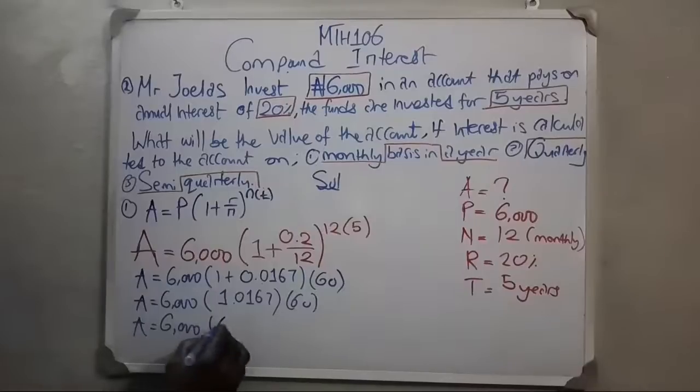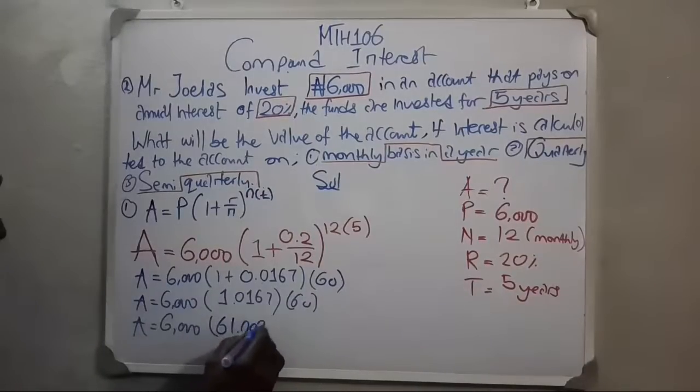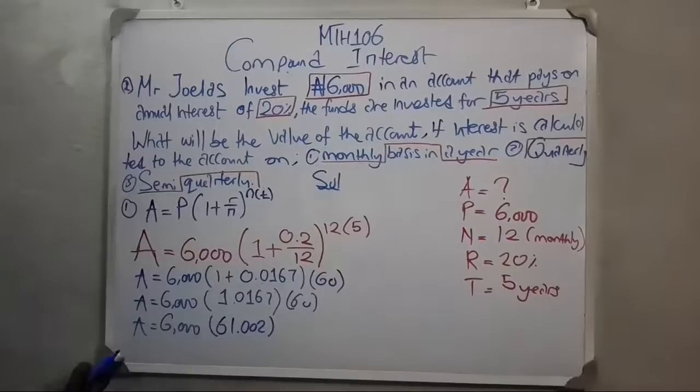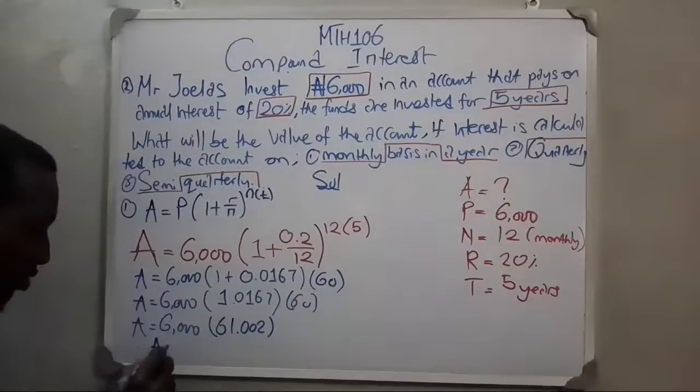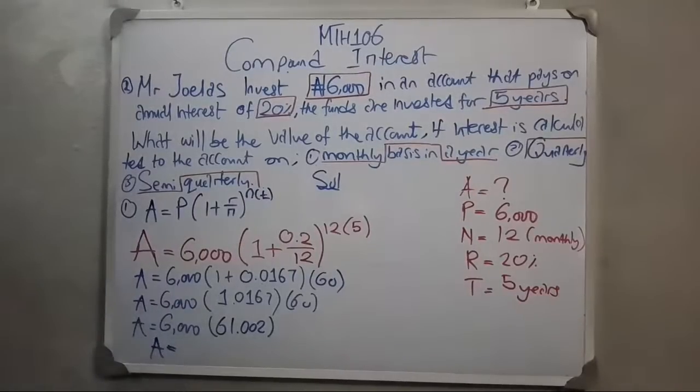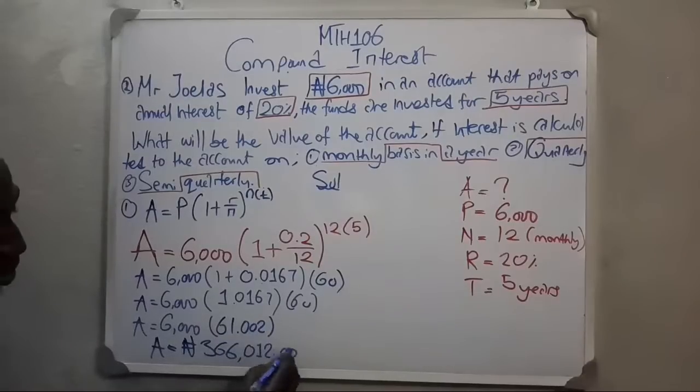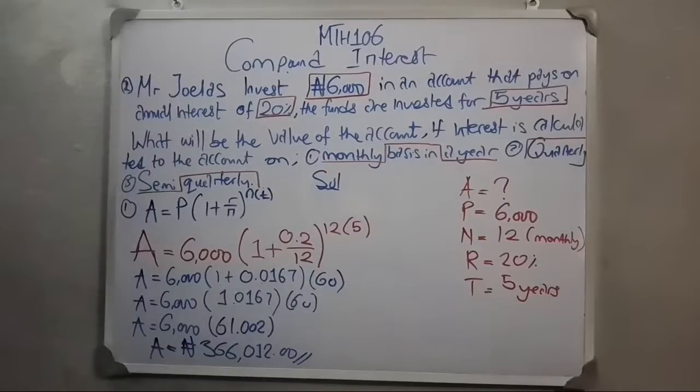All right, so we have 61.002. Thank you, Miss Blessing, thank you, Miss Titi. So when you multiply 6,000 by this, A now is 366,112 naira. If you have not omitted anything, I think we are good to go on that.